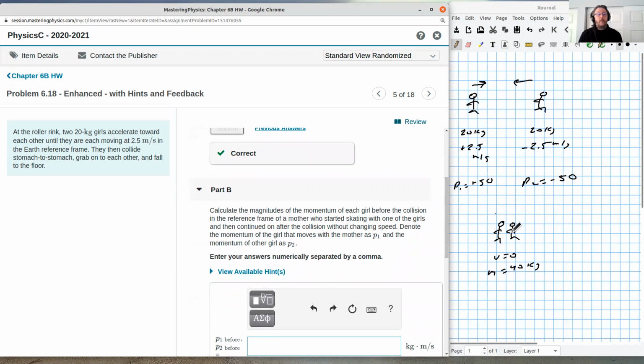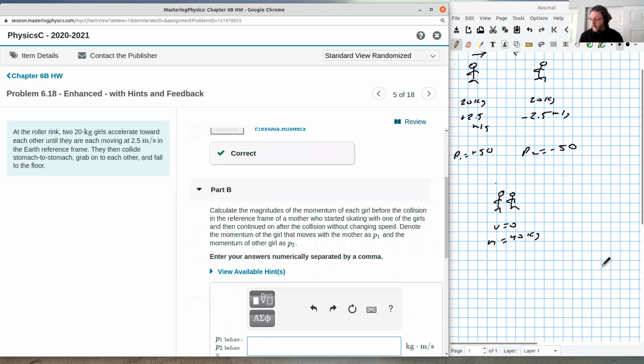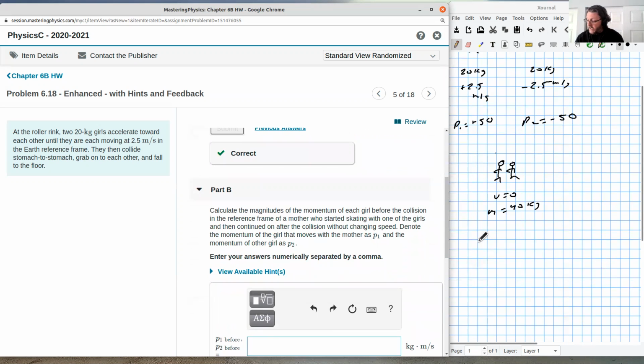So from that person's point of view, one of the kids is not moving and the other one is coming at them faster, initially. So that person has a perspective that one of them is stationary. So we've got V equals 0, and the other one is going at velocity equals minus 5.